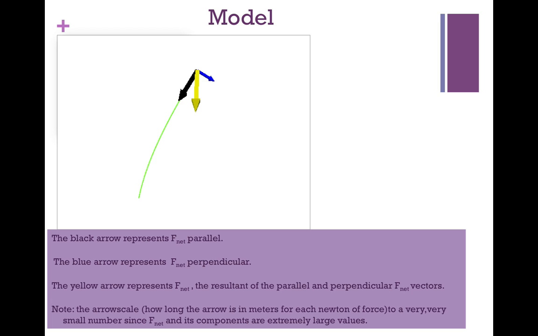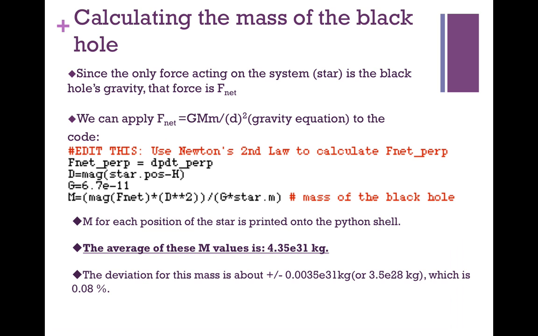And we have to adjust the arrow scale to be very, very small, because how long the arrow is in meters corresponds to each Newton of force. So we have to make it like basically 0.000-something meters per Newton, because the force is so big in this case for gravity.